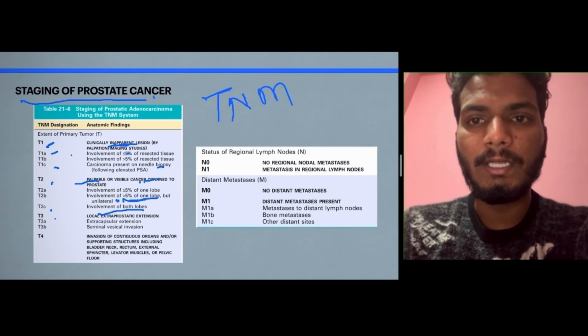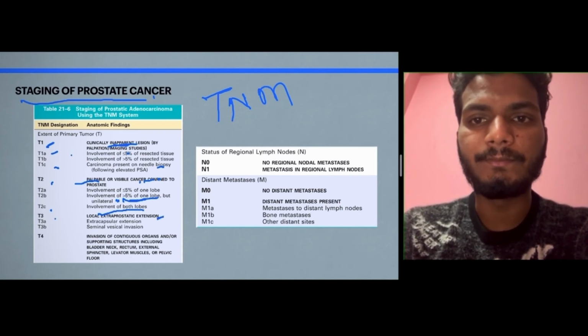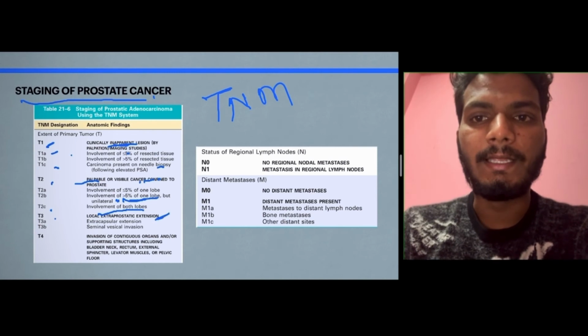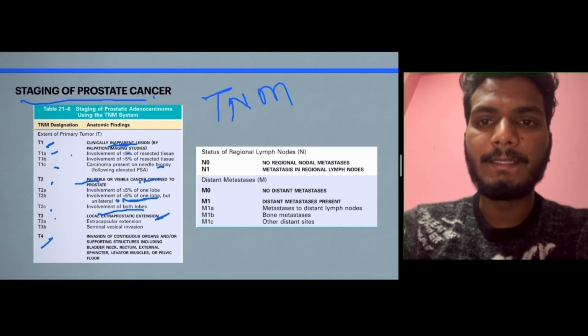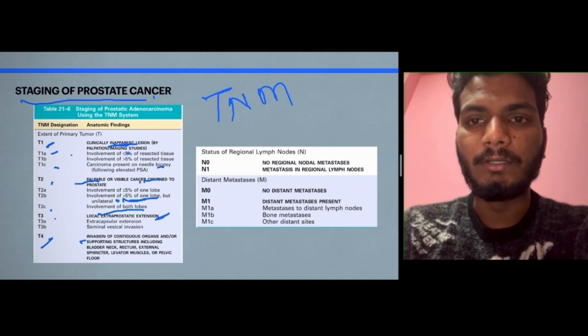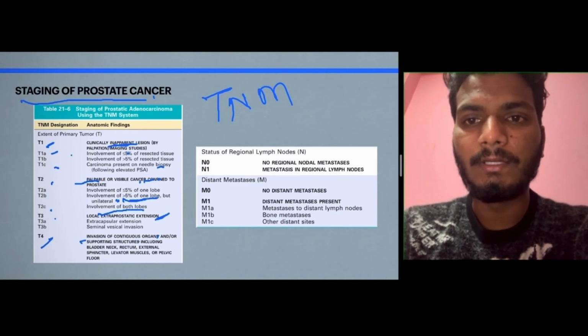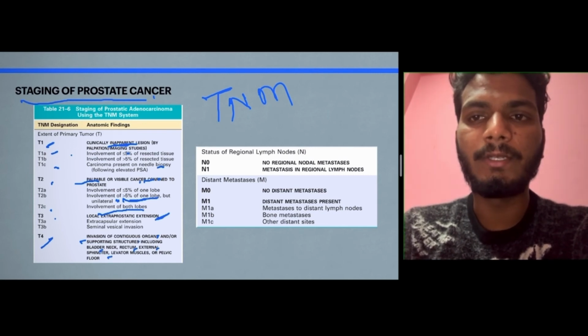T3 is local prostatic extension. So the tumor mass has extended. T4, there is invasion into other organs like bladder neck, rectum, external sphincter, and those are involved in T4. This is the most aggressive one.